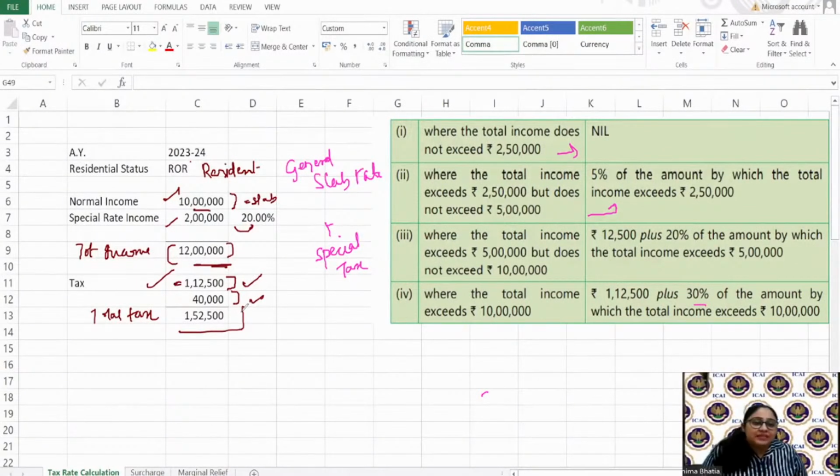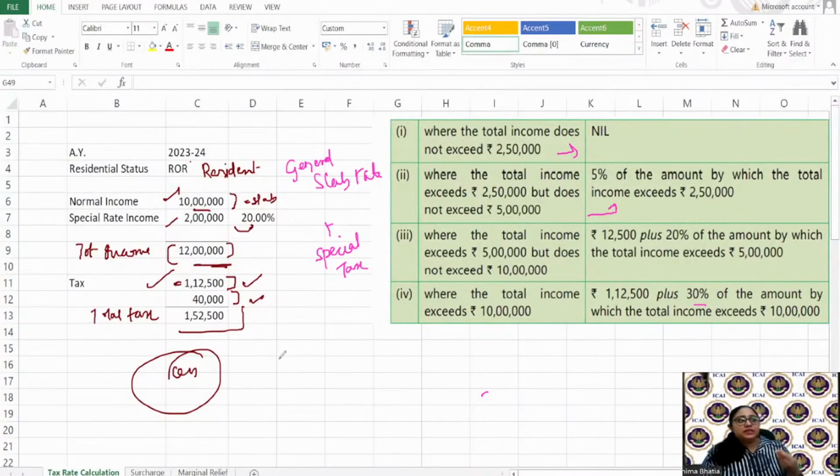Now on every tax, one thing which is applied is called cess. On any tax, income tax, sorry, one thing which is applied is called cess. Ma'am, what is cess?